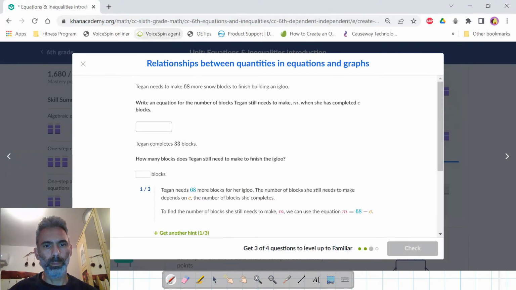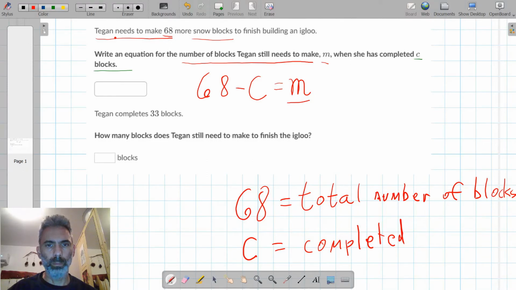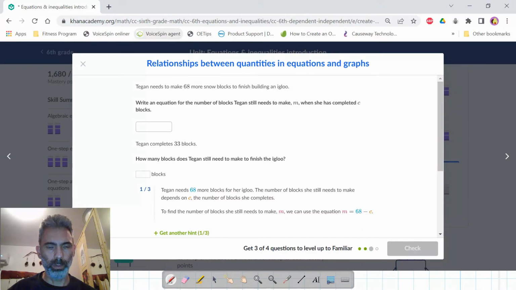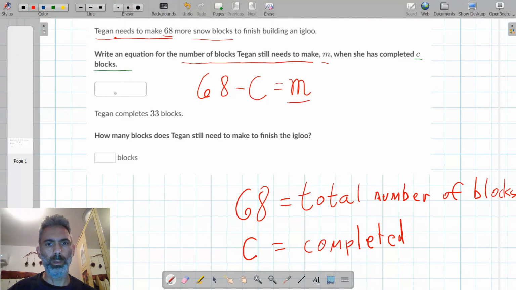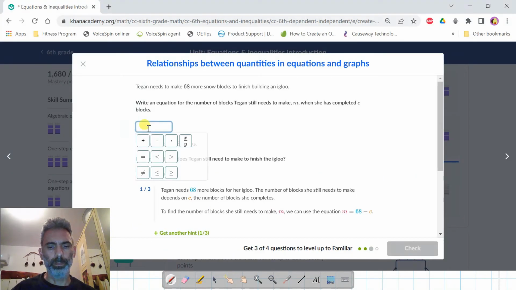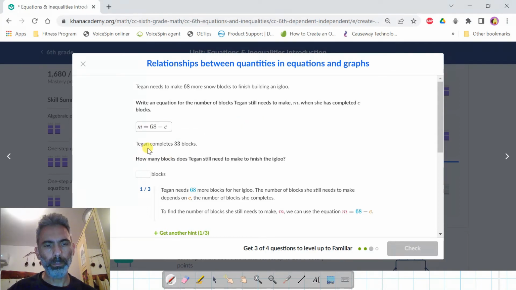Okay. M equals 68 minus C. Okay. Tegan completes 33 blocks.